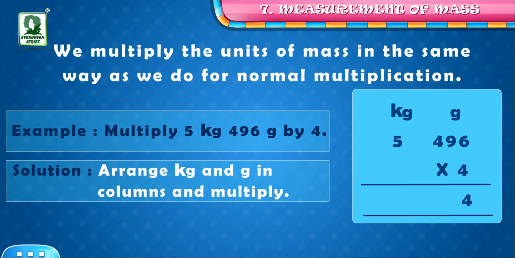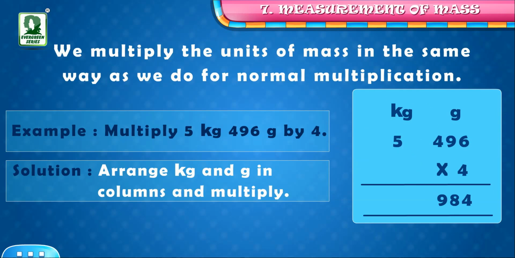Multiply 4 by 9 is equal to 36 plus 2 of carry forward will result to 38. Then write 8 under gram column and 3 as carry forward. And multiply 4 by 4 is equal to 16 plus 3 of carry forward will result to 19.